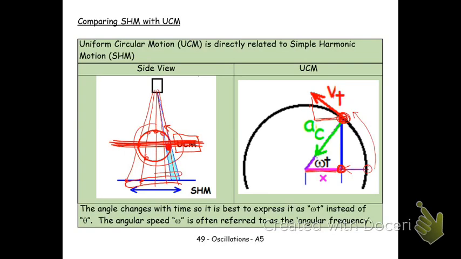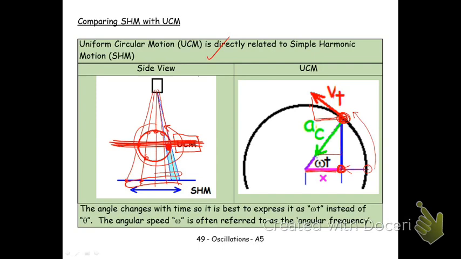My oscillator's acceleration is the x component of the centripetal acceleration. I've got to do components. If you manage to get through Physics 1 without mastering components, it's coming back to bite you again. They never go away. So we say uniform circular motion is directly related to simple harmonic motion.